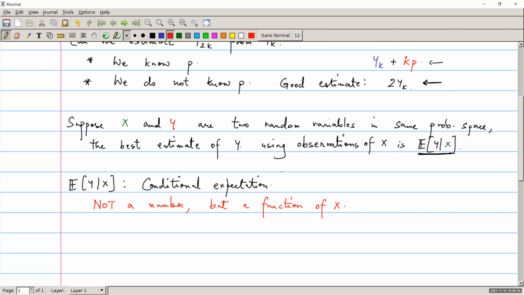It's a function of the random variable X. It's not a function of Y.